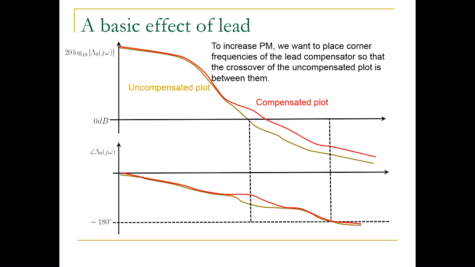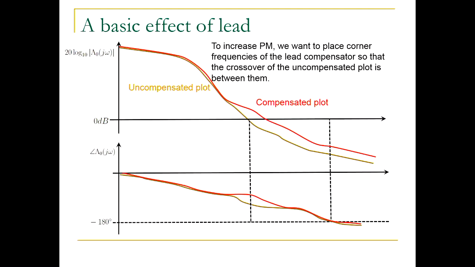So just to remind you, in lead compensation, the brown is the uncompensated plant Bode diagram, and red is basically the compensated plot. So what we typically do, we provide an amount of lead in the region of the crossover frequency.